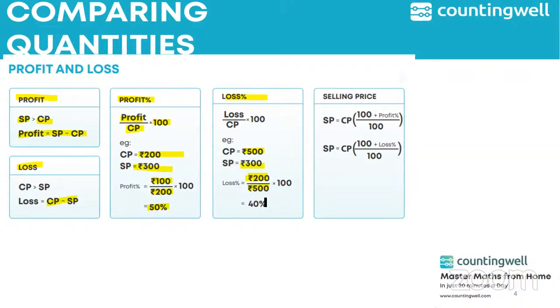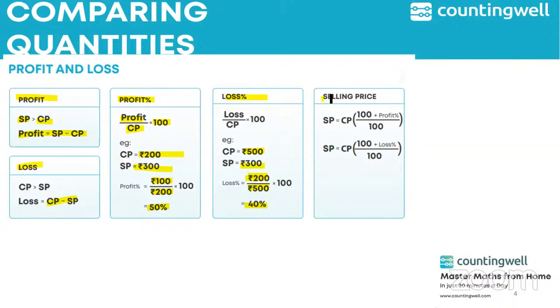So we have 40%. So when the cost price of an object is rupees 500 and selling price is rupees 300, the loss percentage is 40%. So for profit or loss of any object, we can also find the profit percentage or loss percentage.